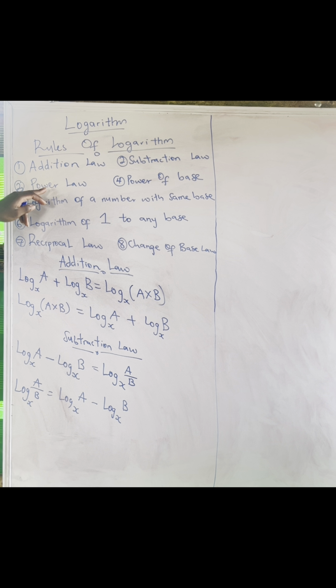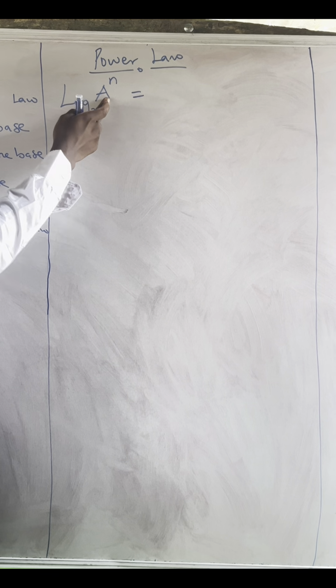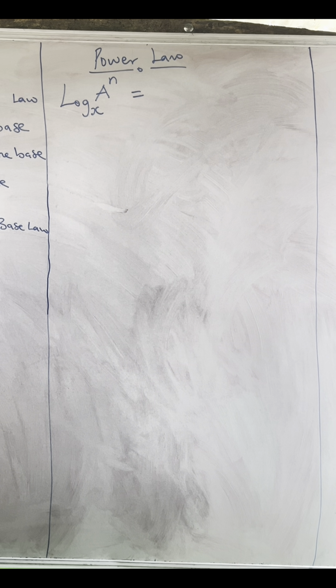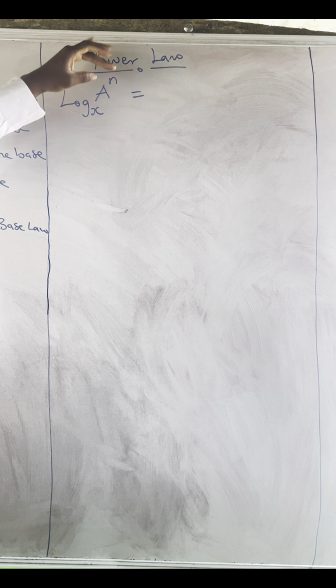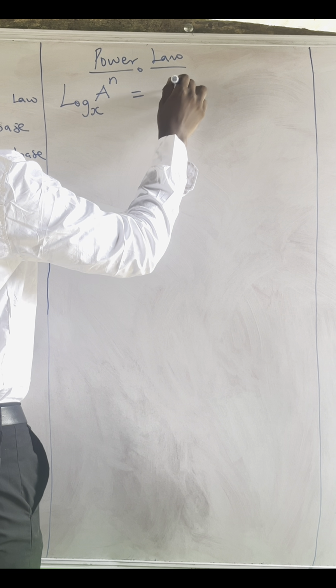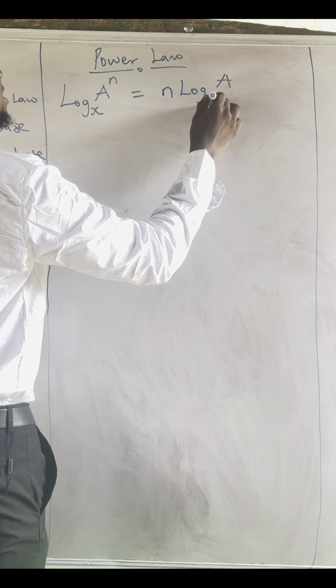Now let's talk about the power law. So guys, in the power law, let's say we have log a raised to the power of n base x. What the power law is saying is that whenever we have a logarithm of a number that has a power, that power can become the coefficient. So this can be written as n log a base x.